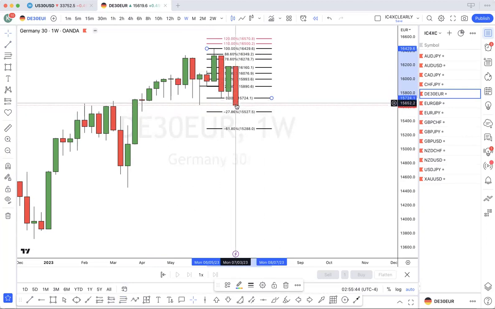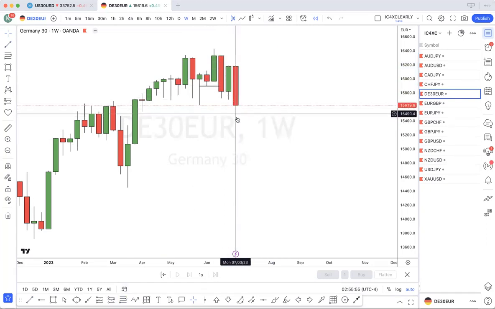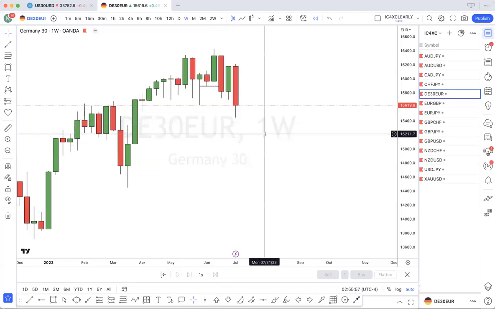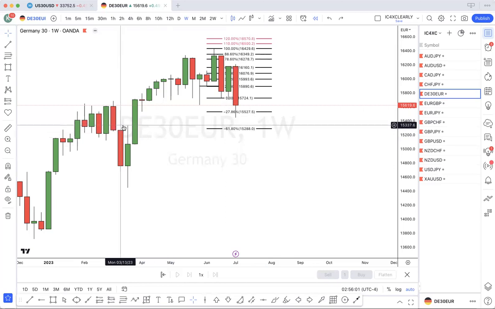So and now we have a, and of course, it's probably going to go to the negative 618, which is in alignment with filling of this imbalance.